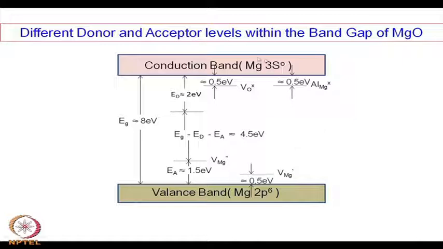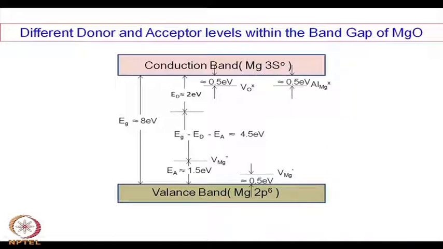This is a very specific example of MgO, and this is the valency band of MgO and this is the conduction band of MgO, and this is the 3s0, that means the electron is not there.